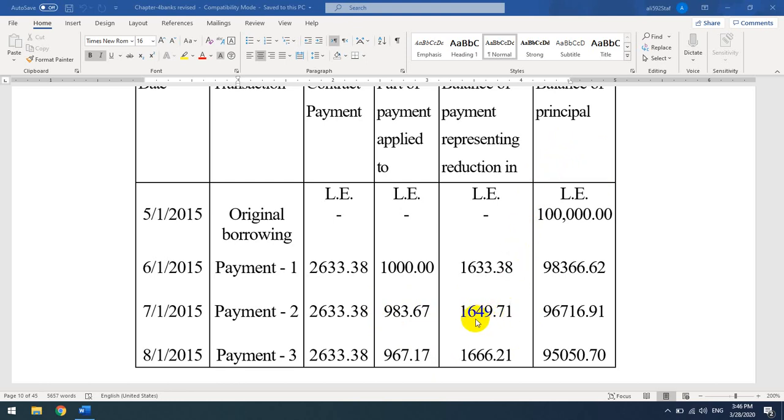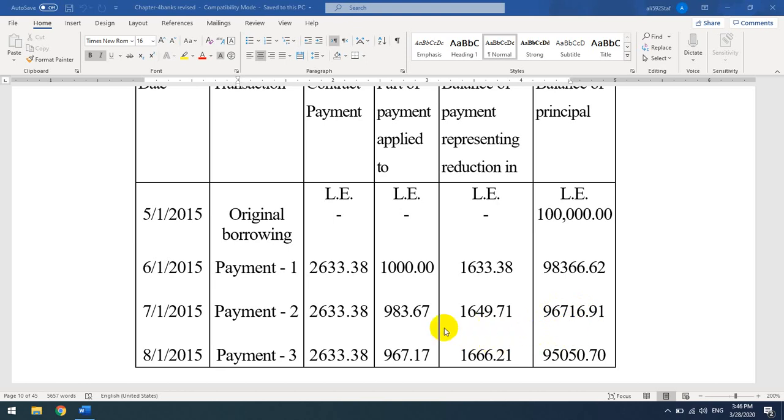If you subtract this amount from the balance on the first day of June, it gives you the balance by the end of June, or the first day of July, which equals 96,716, and so on.